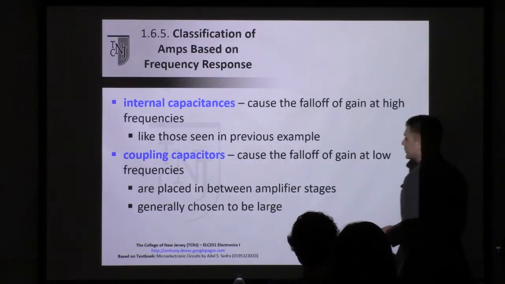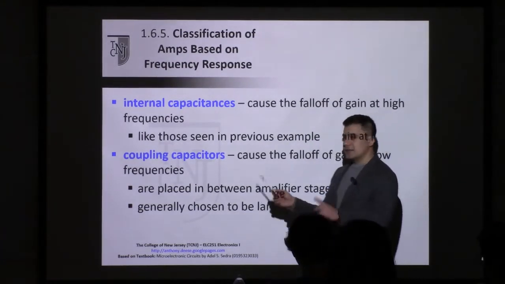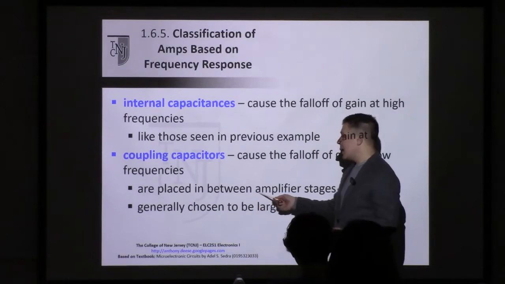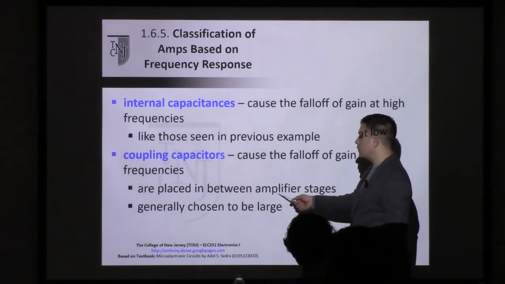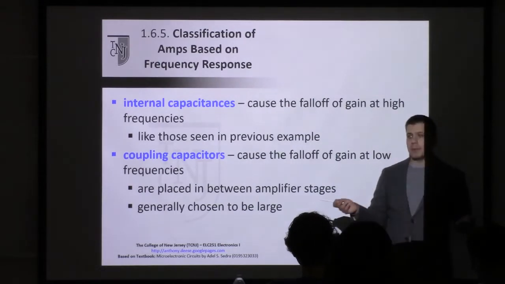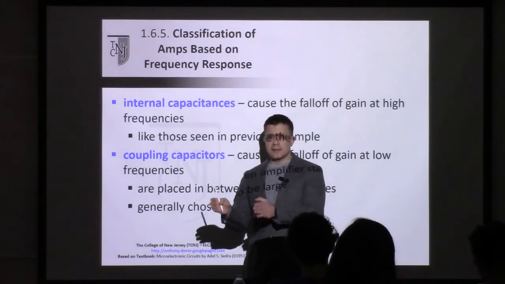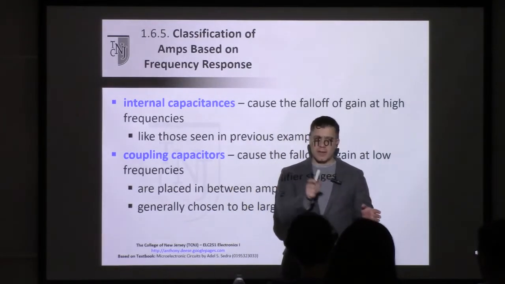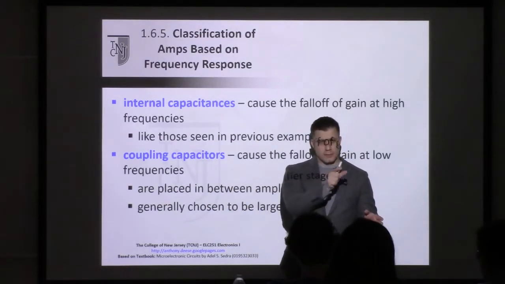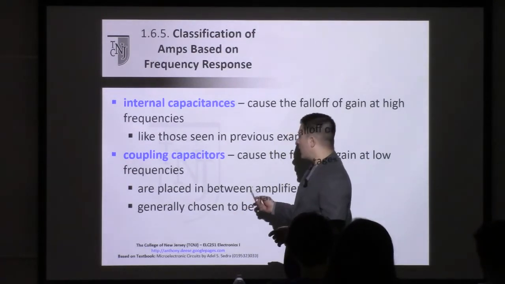Coupling capacitors cause the fall-off of gain at low frequencies. And this is different. This is if you were to place a capacitor between two stages of an amplifier. So let's say, for example, you have the cascaded amplifiers. If you were to place coupling capacitors between the stages, they would be series elements. Then that would cause the fall off.